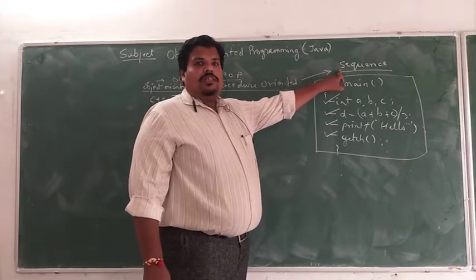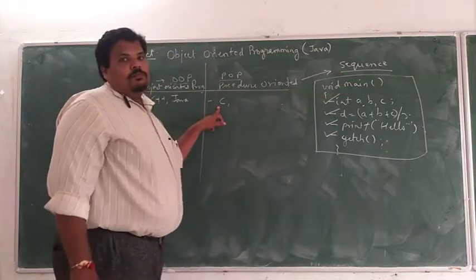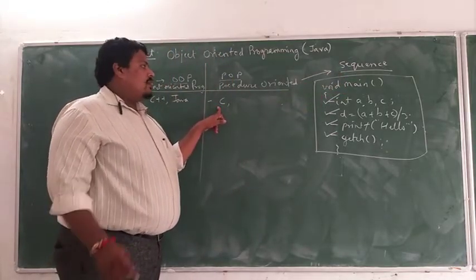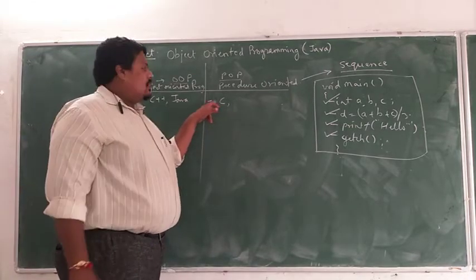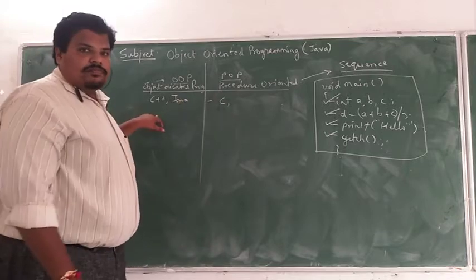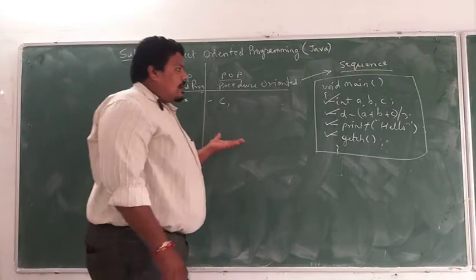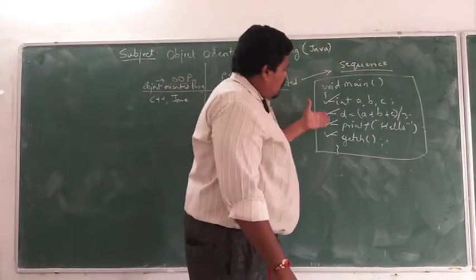the sequence of instructions. If this is the case, that programming language is called a procedure-oriented programming language. In object-oriented programming, of course, such is not the case. Here some different criteria is applicable for the execution of the instructions.